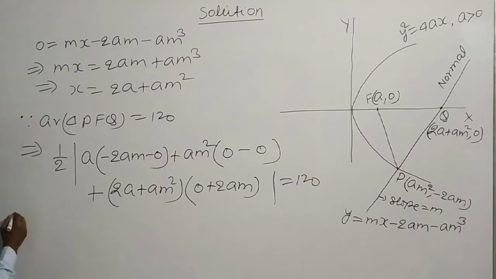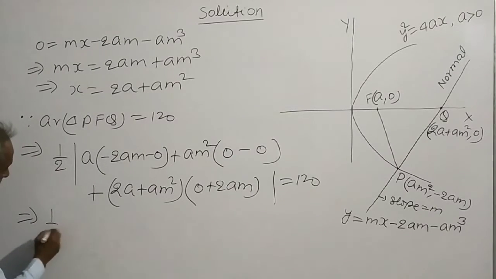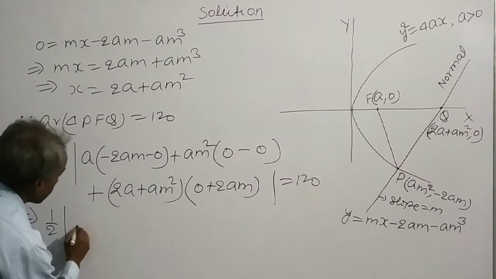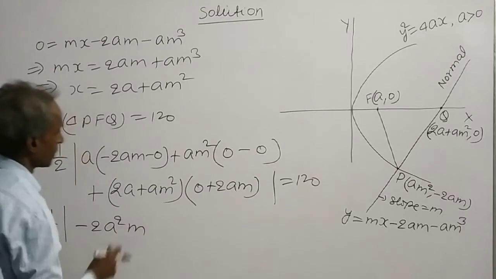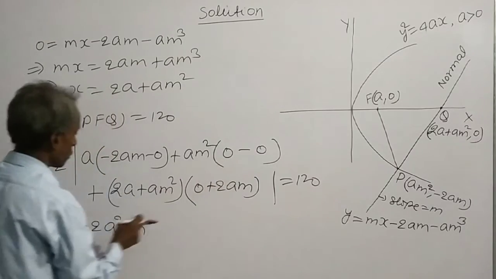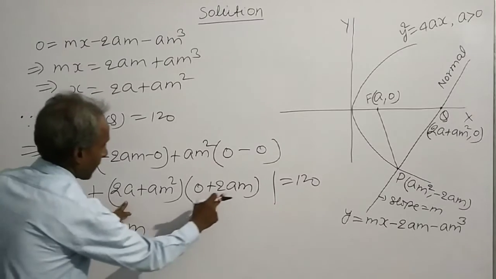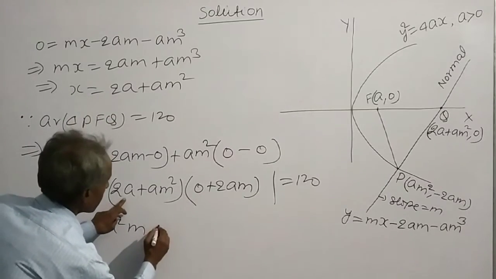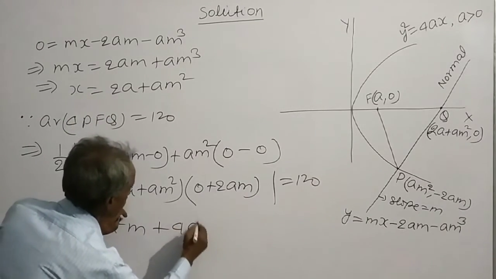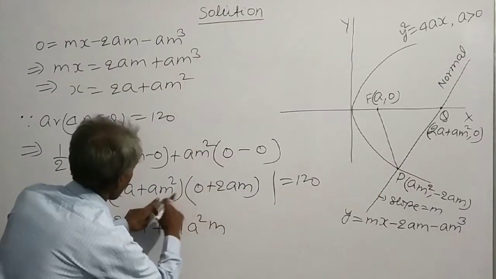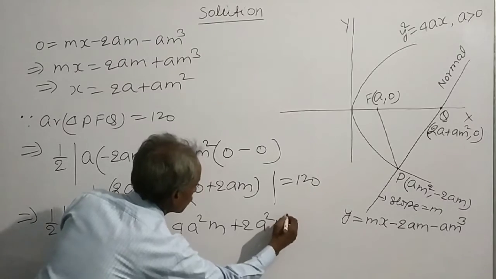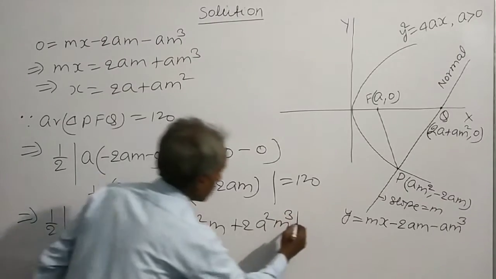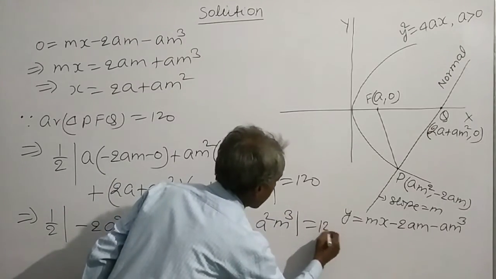This implies 1 by 2 times mod of minus 2a square m, this will become 0, and here will be plus 4a square m plus 2a square m cube, is equal to 120.